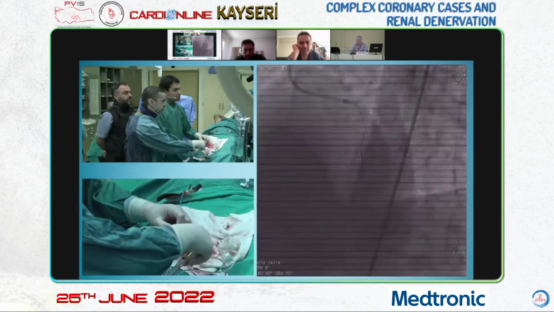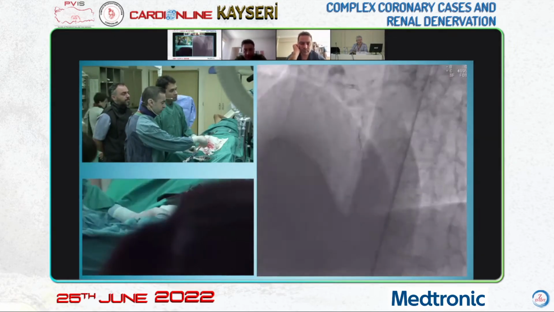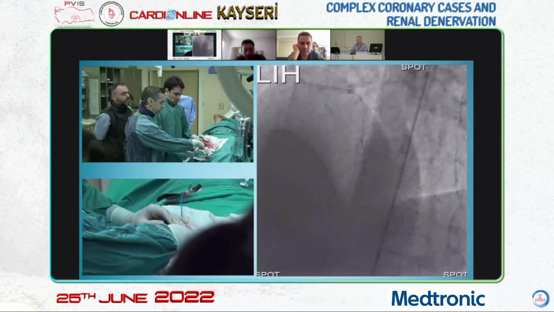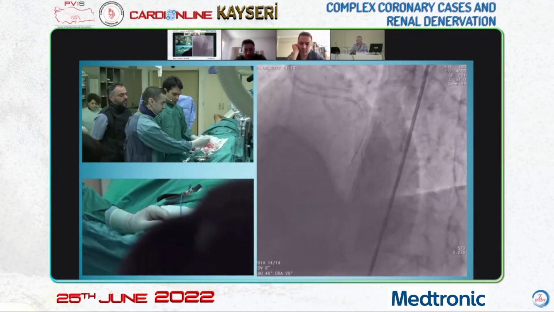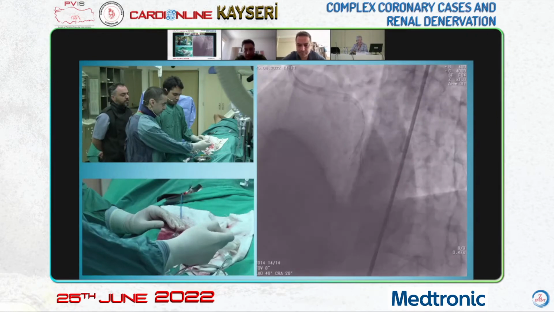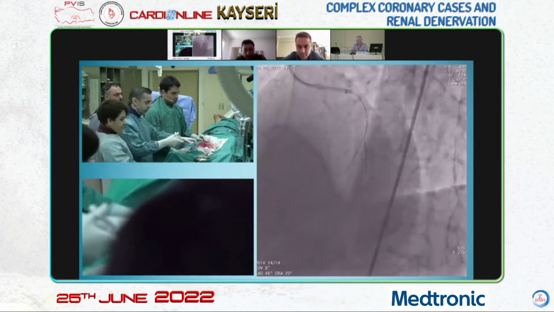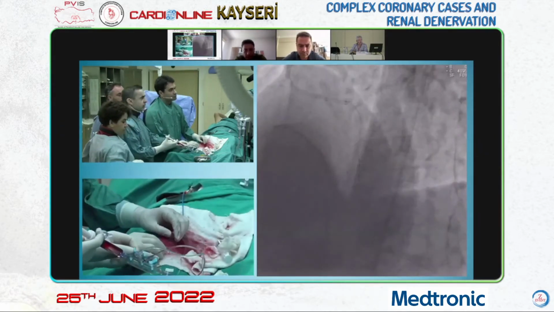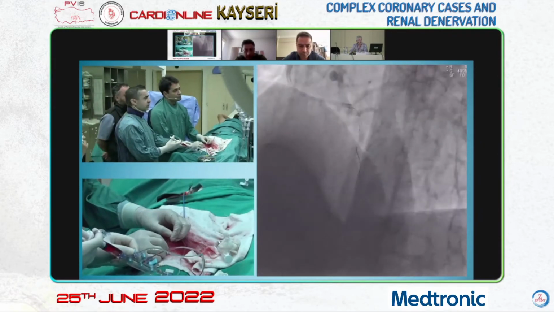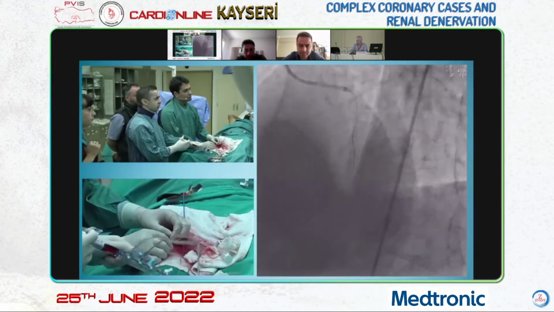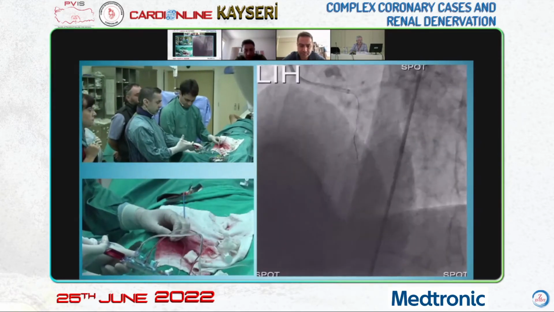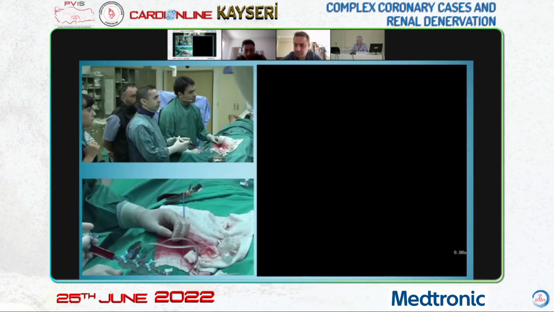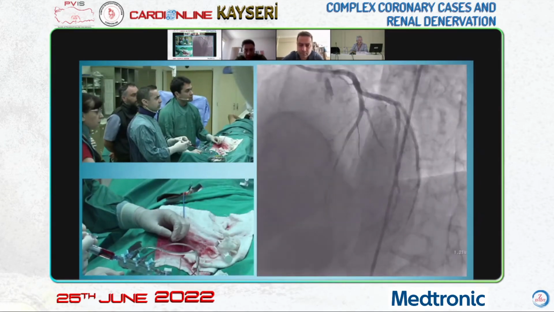Let's have a nitrate. CTO. Let's have the imaging.